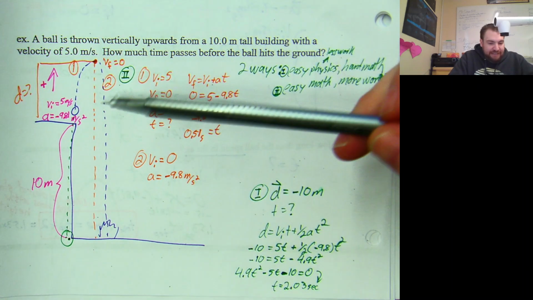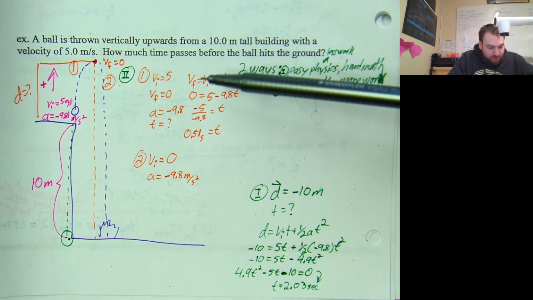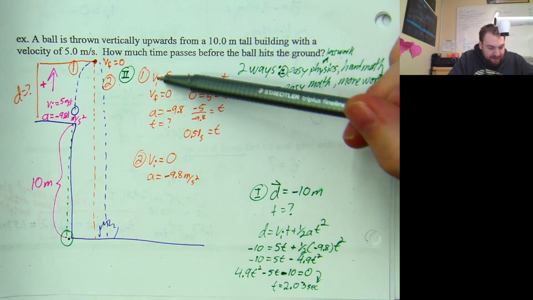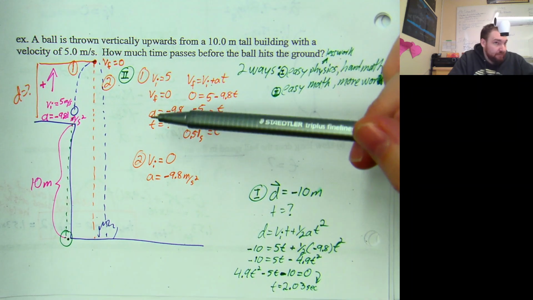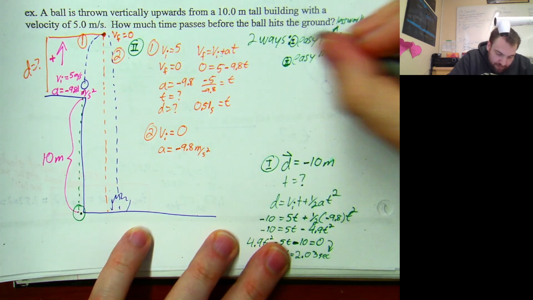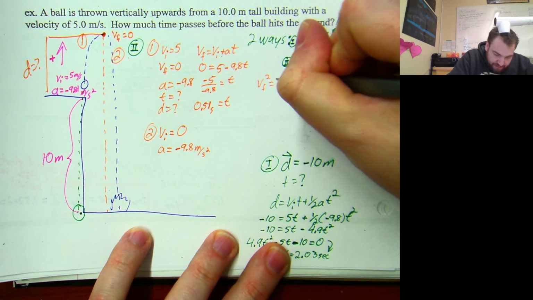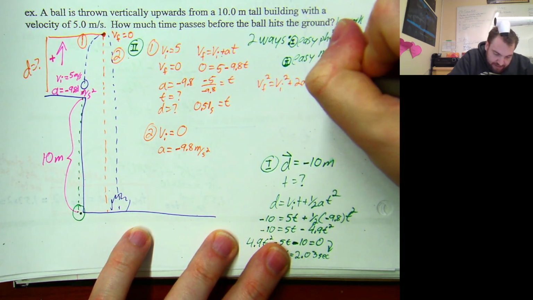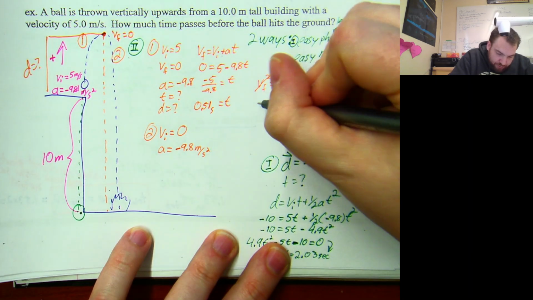Well, that's relatively easy to do. Now I just want to relate VI, VF, A, and D. So that's just going to be VF squared equals VI squared plus 2AD. VF is 0.